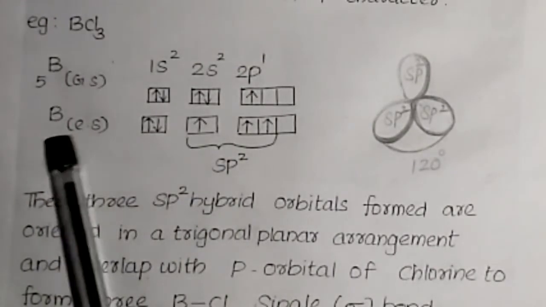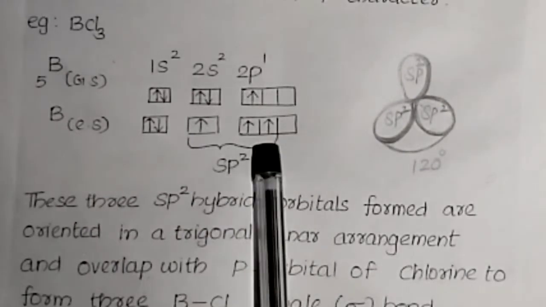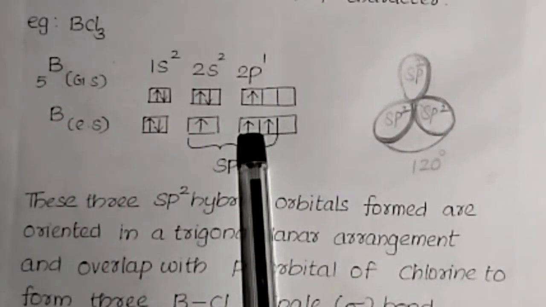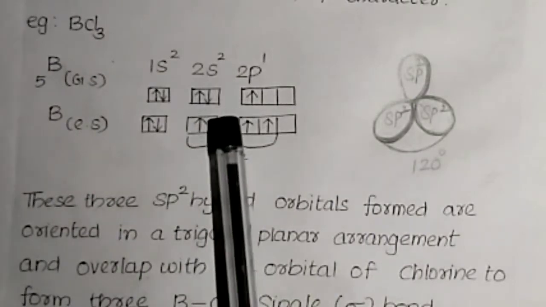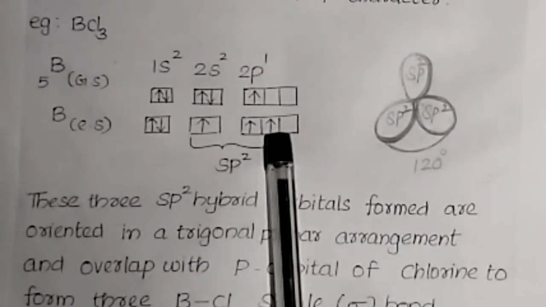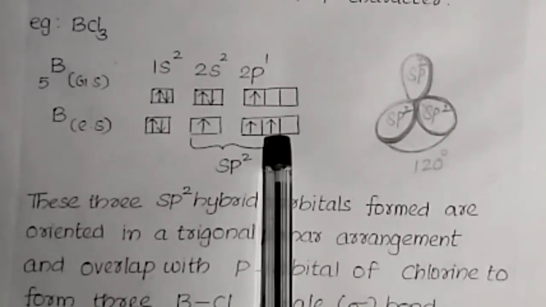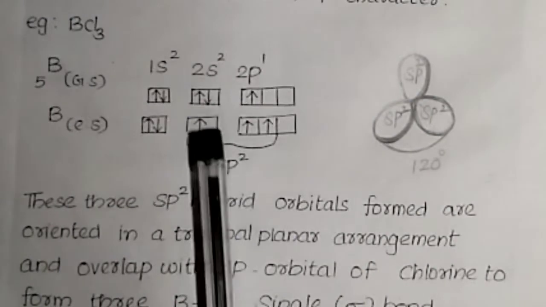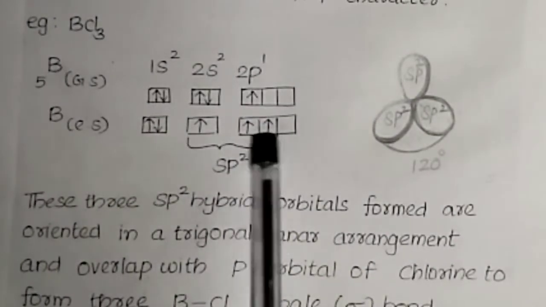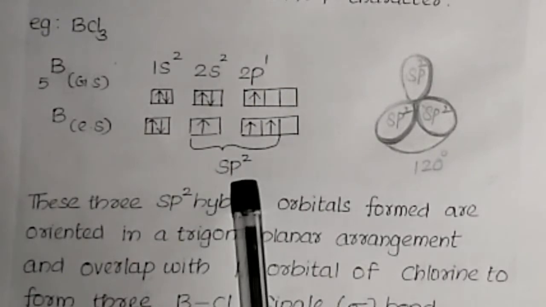Then boron in the excited state, only the outermost shell electron is excited. From the outermost shell paired electrons, one electron jumps to the 2p level. Then these unpaired-electron-containing orbitals are mixed up. Then one s and two p atomic orbitals are mixed up to form sp2 hybridized orbitals.